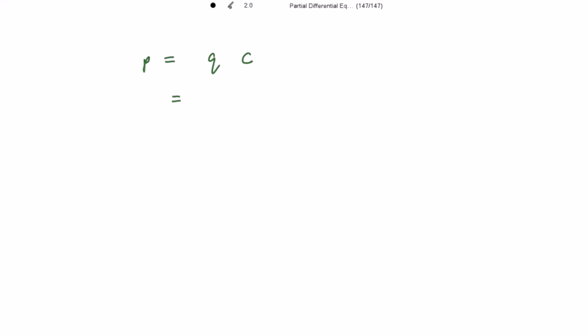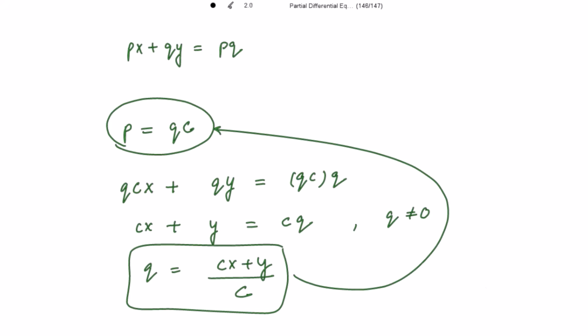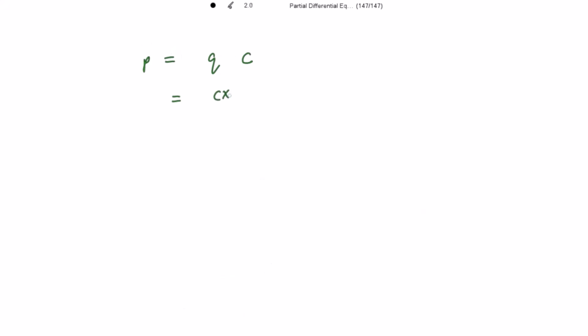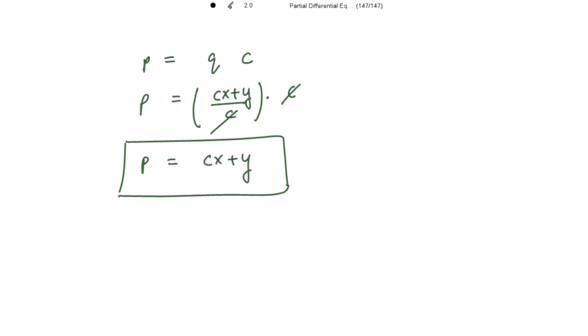The value of q we have just found to be cx plus y divided by c. Cx plus y divided by c into c. Cancelling this constant, we get the value of p to be cx plus y. So we have got the values of p and q in terms of x, y, right?